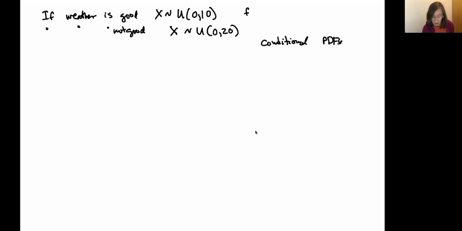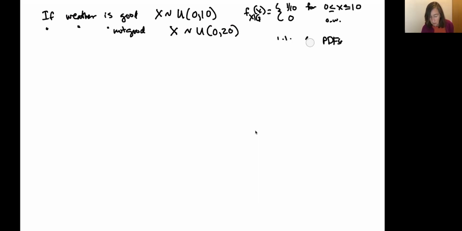Well, the PDF of X conditional on good weather is 1/10 for X between 0 and 10, and 0 otherwise.